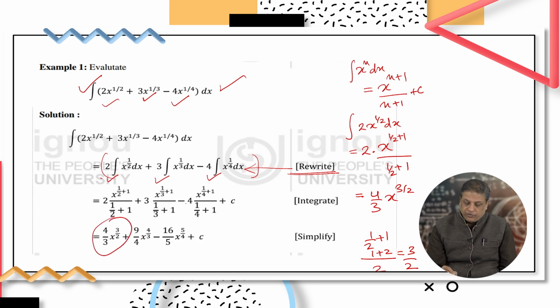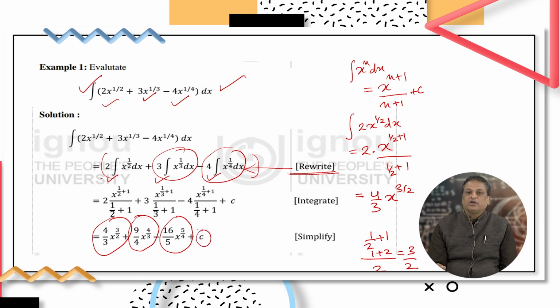On the same lines, we solve this integral, and the solution will turn out to be 9 by 4 into x to the power 4 by 3. And finally, this integral is solved and the answer turns out to be 16 by 5 into x to the power 5 by 4 plus c, the constant of integration. So I hope you understood how to perform the steps rewrite, integrate and simplify to integrate the expression.